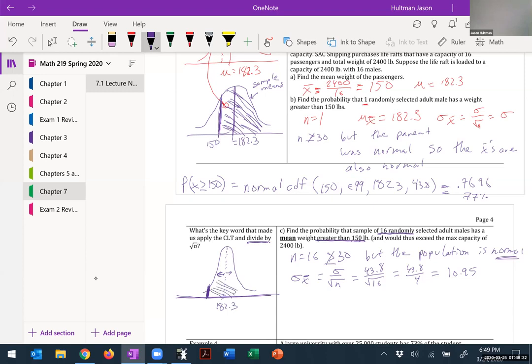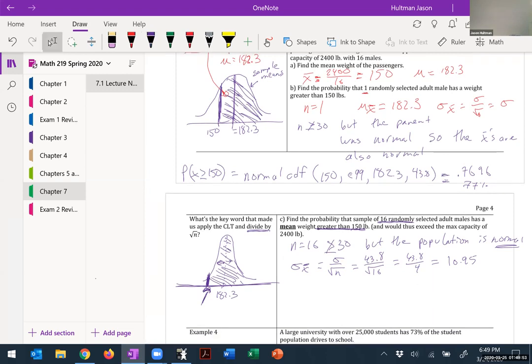And it's not just someone above 150, but what's the probability of getting, because you're taking groups of 16, that the mean of those 16 is bigger than 150. Your average is going to be bigger than 150. Well, it's going to be pretty high.